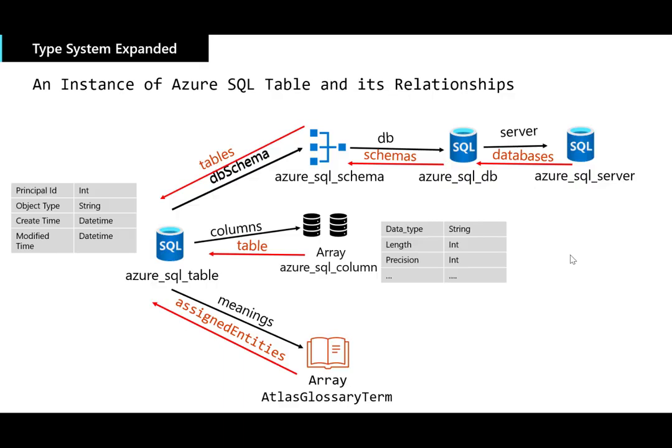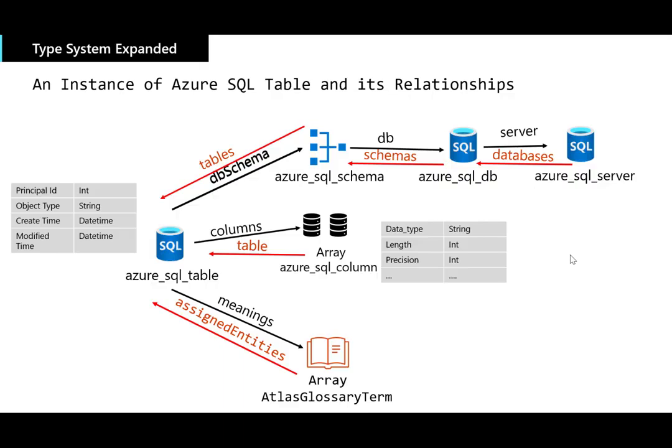So columns is going to be the actual name of the relationship attribute on your SQL table. That columns will point to an array of Azure SQL column types. And this is formally defined, right? You cannot add in an array of Hive columns or an array of Teradata columns. No, they must be specifically Azure SQL columns that are inside of the columns array on your Azure SQL table.